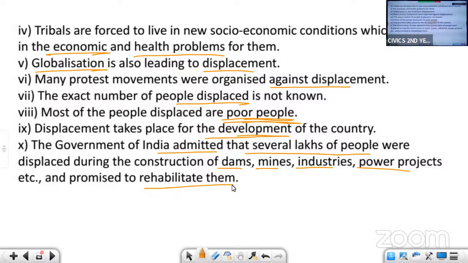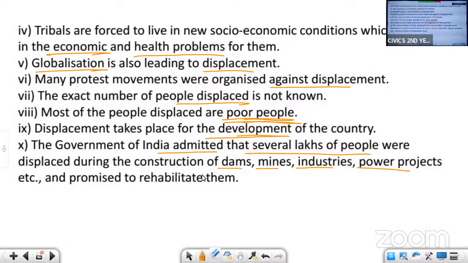Okay, the government accepts that lakhs of people are getting displaced in the name of construction of dams, mines, industries, projects. At the same time, the government is also promising to rehabilitate them, to provide them with the best conditions to live.